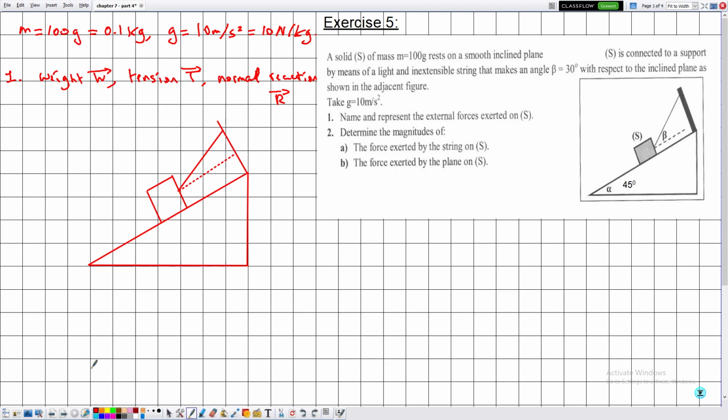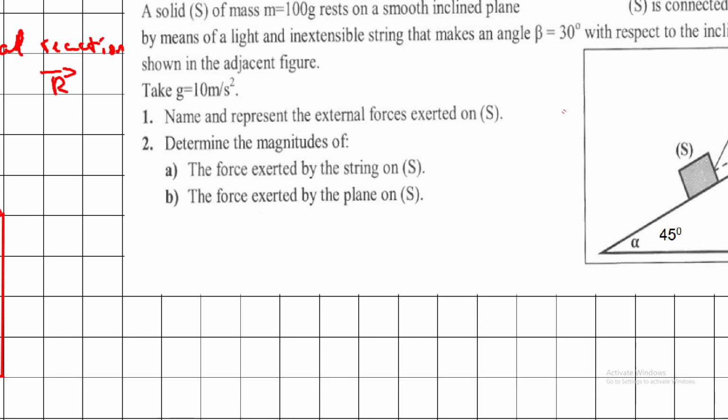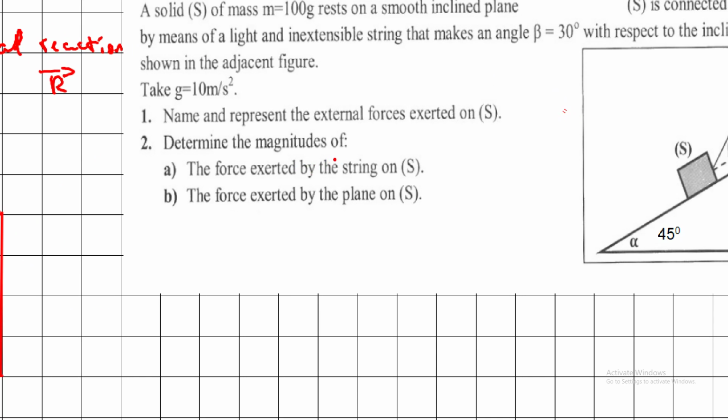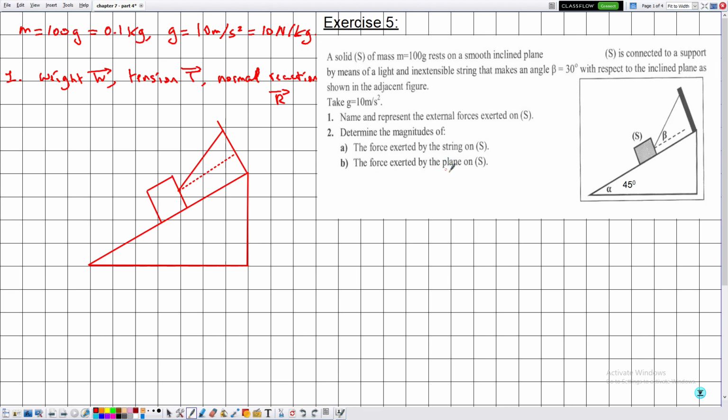so here, because we are interested later on in determining the magnitudes of the forces, which means that we will apply Newton's second law, let me write here the different steps that we usually follow in order to determine the magnitude. Step number 1 is to list the forces.